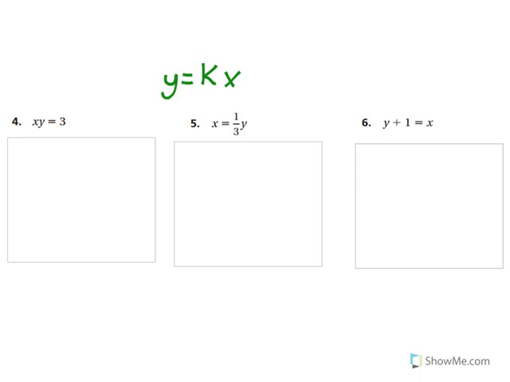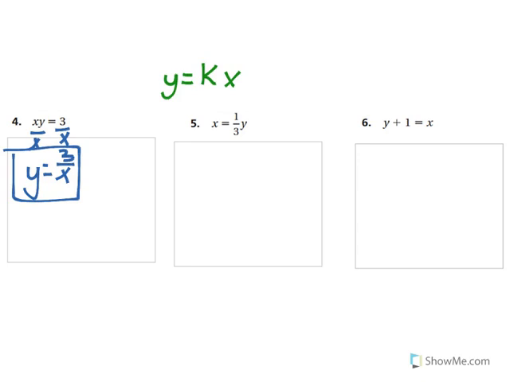All right, let's see how we did. Okay, for the first problem, I have x times y equals 3. The only way I can get that y by itself is to divide both sides by x. And so now I have y equals 3 divided by x. This is as simplified as you can get this, because x has to be in the denominator.